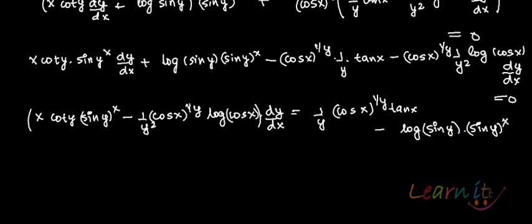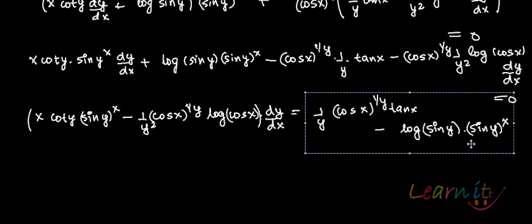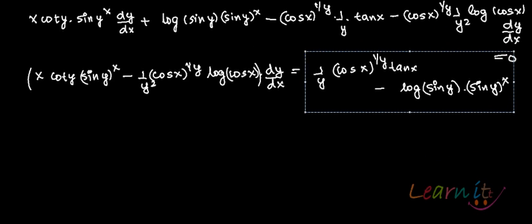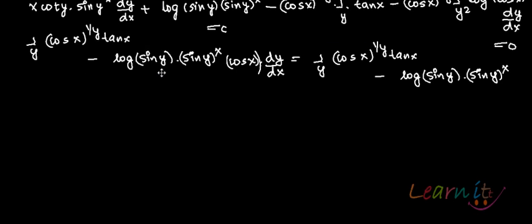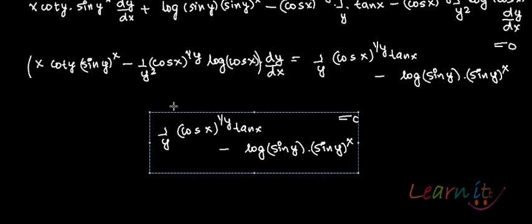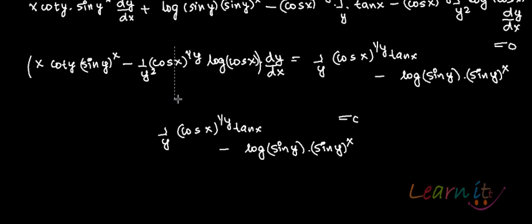Okay, so dy by dx would be equal to, this is the numerator which you will have here, and this one is going to be the denominator.